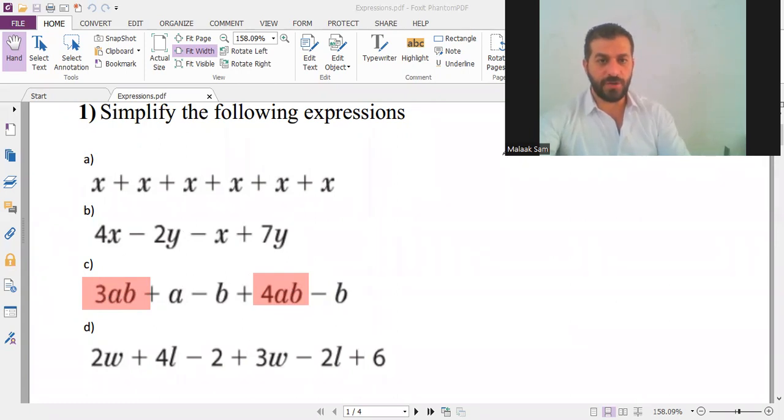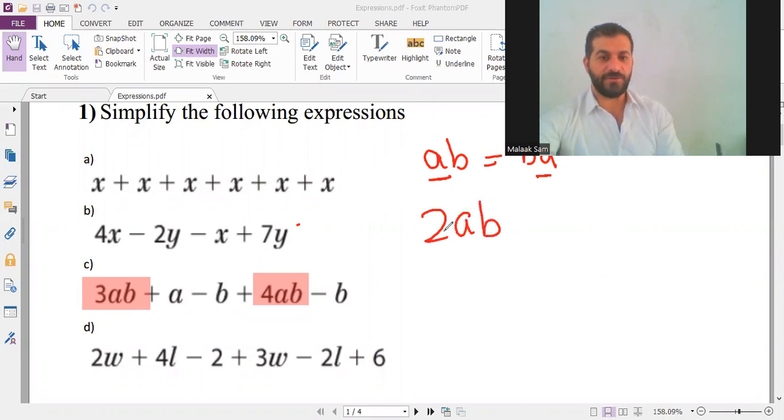And I want to show you an important piece of information. ab equals ba. They are the same. So when we say 2ab, we can write it as 2ba. You know why?